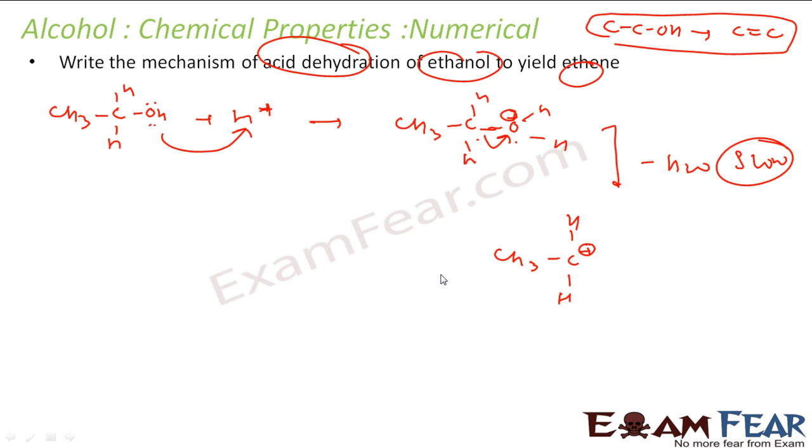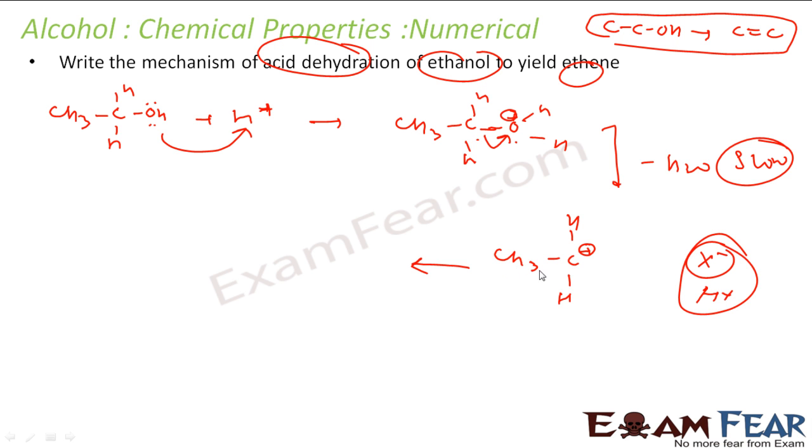Now the carbocation is formed. What is the next step? Now if you see, there is no Cl minus or Br minus to attack here, right? It's all acid dehydration. So the only option is you remove one more H+ to make it stable. Either add something which has negative charge or remove H+ to make it stable.